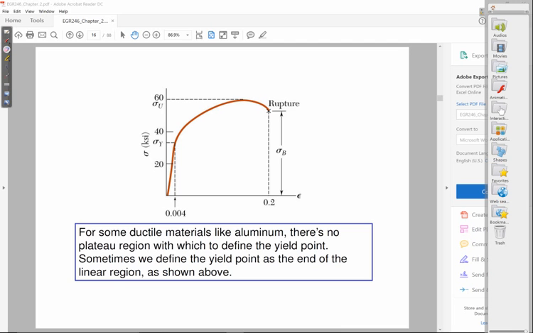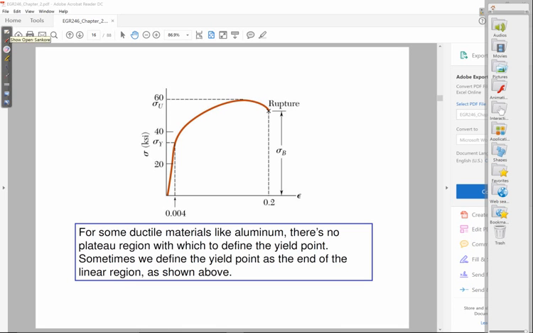Because for aluminum, the yield point really is the point where the line stops being linear, but that's very hard to determine sometimes. A lot of times it's kind of subjective, especially if you don't have a perfectly straight line, which you never do in experimental data. So how do you determine the yield point in aluminum? Other than that, everything else is the same.